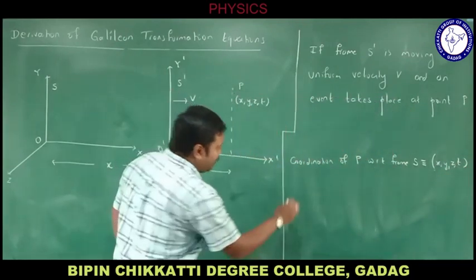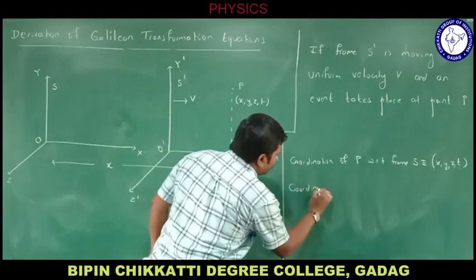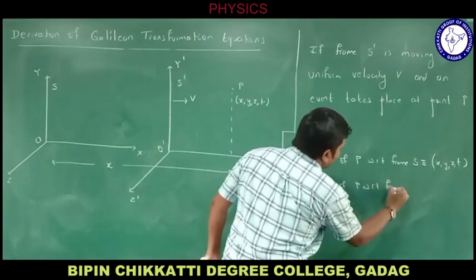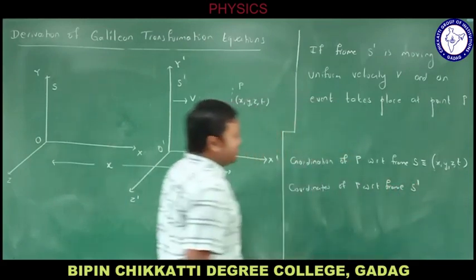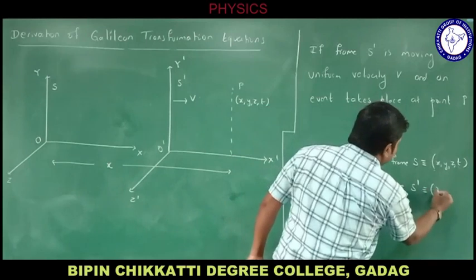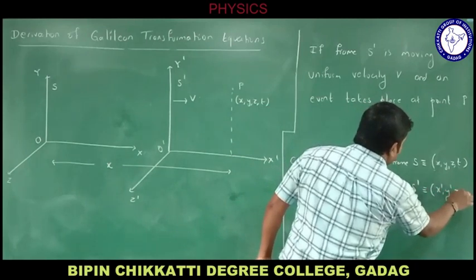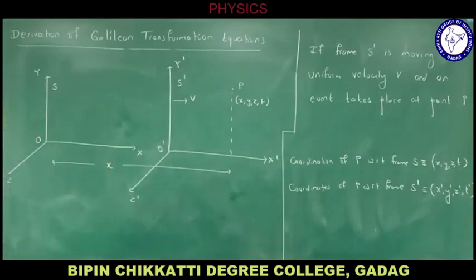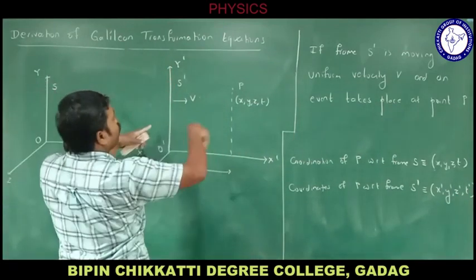Similarly, let me write the coordinates of P with respect to frame S dash. What are the coordinates? X dash, Y dash, Z dash and T dash. This is the frame S dash.